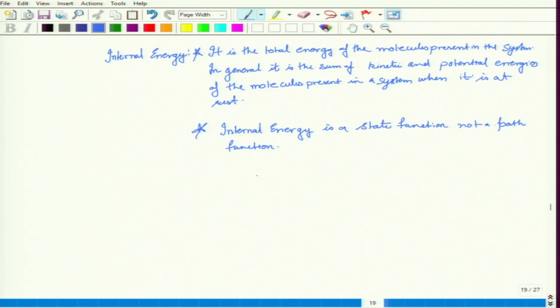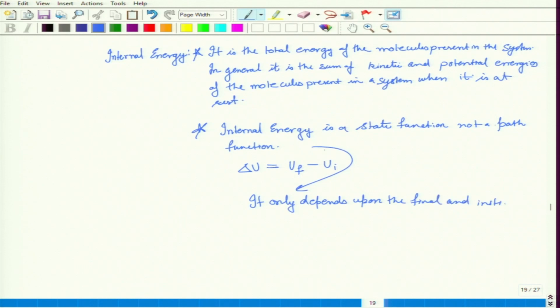What this statement is conveying is that the change in internal energy only depends upon the final and initial state of the system.